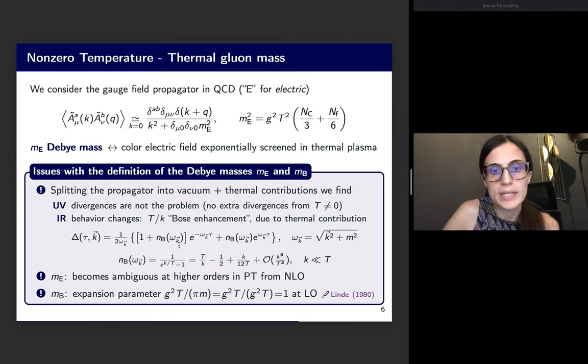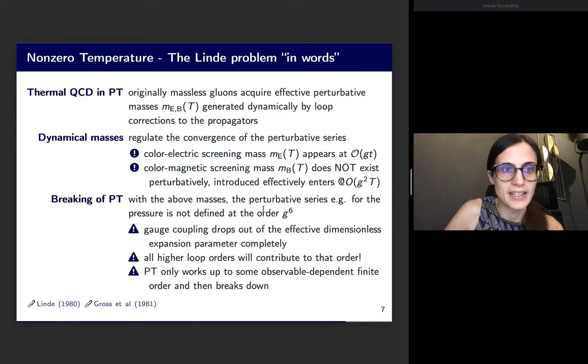In particular, if you expand the Bose-Einstein distribution in the expression for the propagator for k values which are significantly smaller than the temperature, you see that there is a leading term which goes like an inverse power of k. And the result of that is that the electric screening or Debye mass becomes ambiguous already at higher orders in perturbation theory, from next to leading order. And when it comes to the magnetic screening mass, it gets even worse, in a sense that I clarify in the next slide.